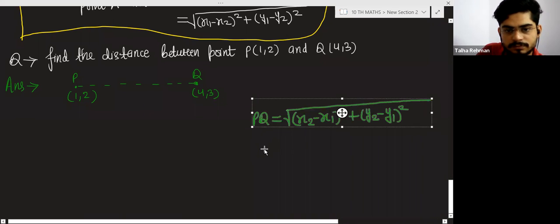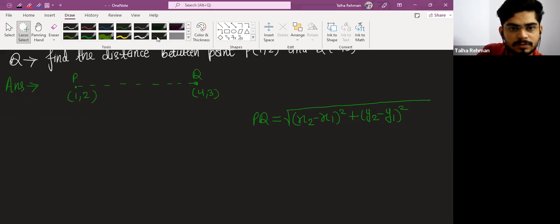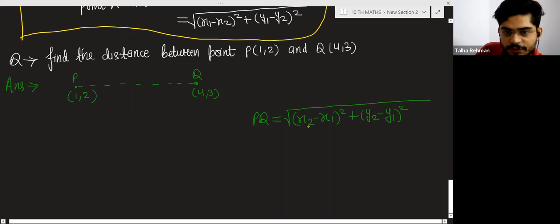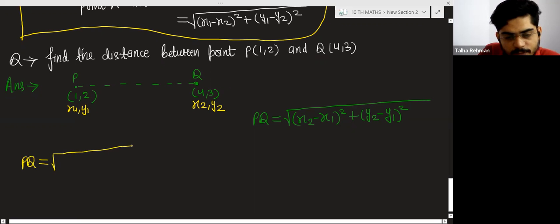Now we should have x2, x1, y2, y1. So you can suppose this point as x1, this as y1, this as x2, this as y2. Now you can easily find PQ, the distance between the points P and Q.